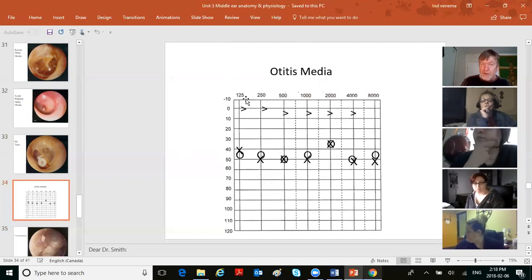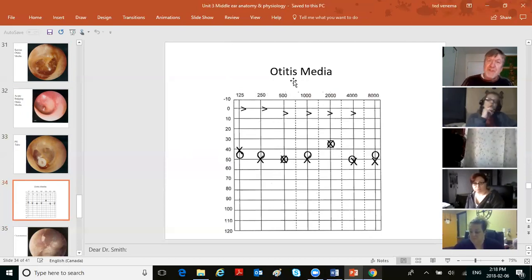So low 125 hertz, 250 hertz, 500, 1,000, 2,000, 4,000, and 8,000. Now, the vowels are down in the low frequencies. The high frequency consonants are toward the right. So bass is on the left, treble is on the right, and the numbers going down are decibels from -10 to 120. Hey, Shabana, remember seeing that a couple hours ago, 120 decibels? Well, there you go. Told you.